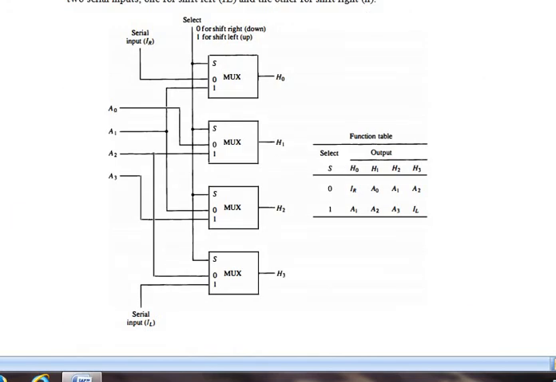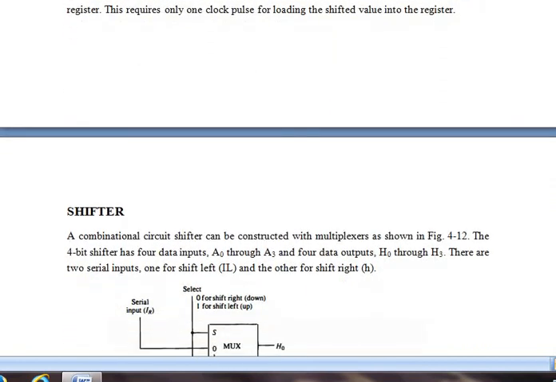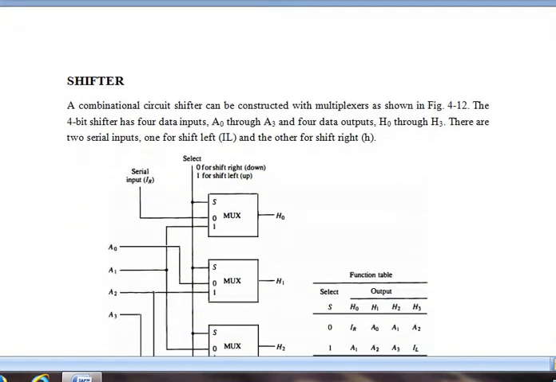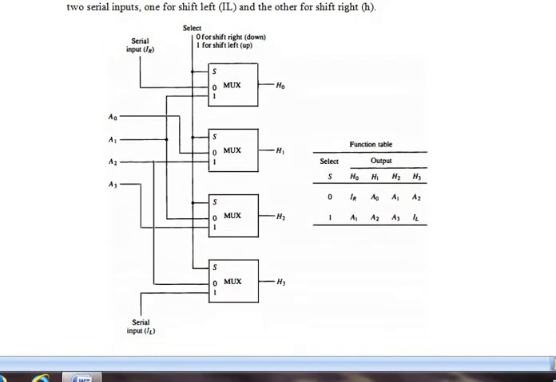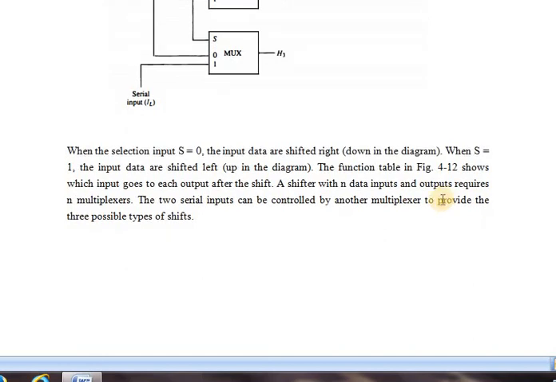So this is the explanation for this shifter circuit.